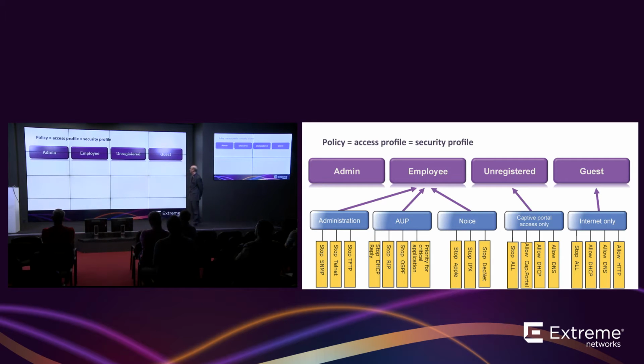So what we do then, we create something which is called service. Service in general is a set of rules, for example, access control lists, but it does not have to be only access control lists. So for example, I have something like acceptable use policy, or I have internet only, or captive portal access only.